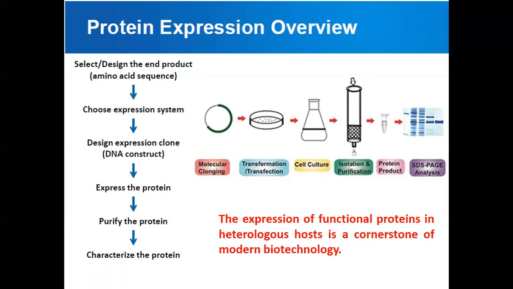So usually in the lab, we get functional protein expression by gene cloning. First of all, we should know our gene and ultimately the amino acid sequence. So we select the gene of interest, since every enzyme or protein is coded by DNA. We should know that gene, for example, the insulin gene. Then we use an expression system.